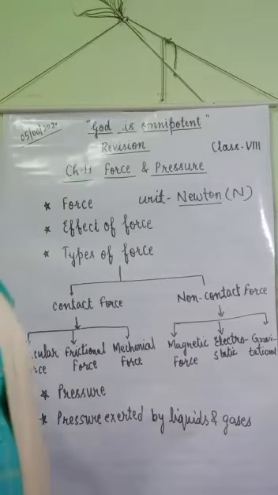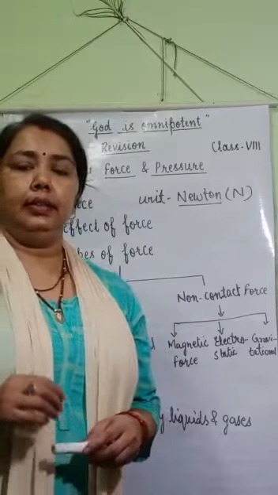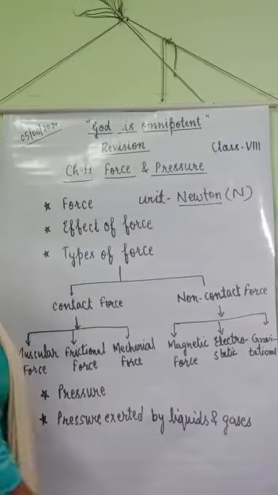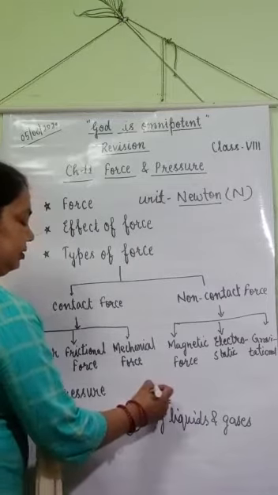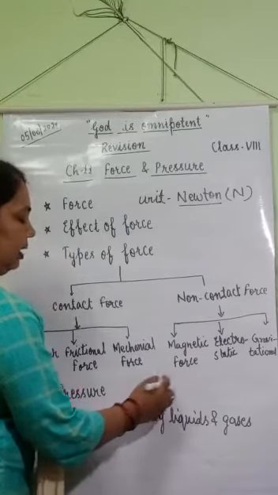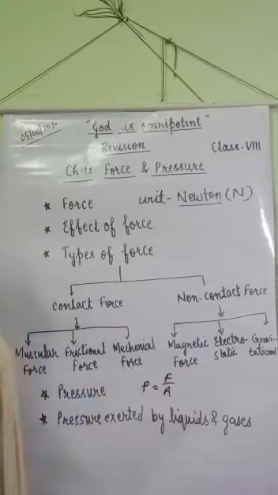Next is pressure. The force acting on a unit area of the surface is called pressure, and it is calculated using the formula P equals F upon A. P is the pressure, F is force, and A is the area of the surface on which force acts.